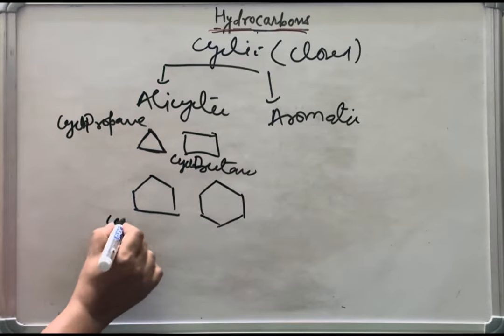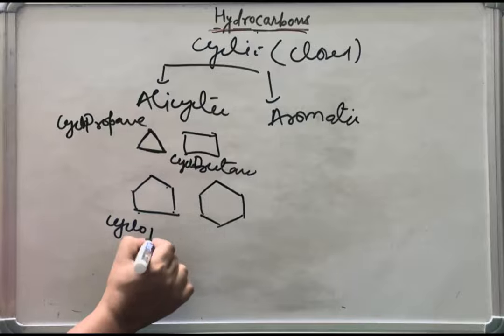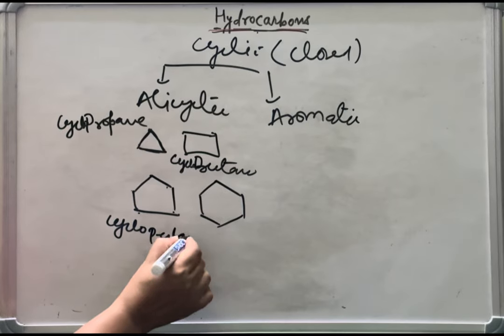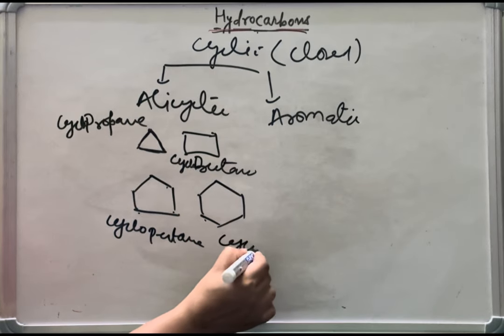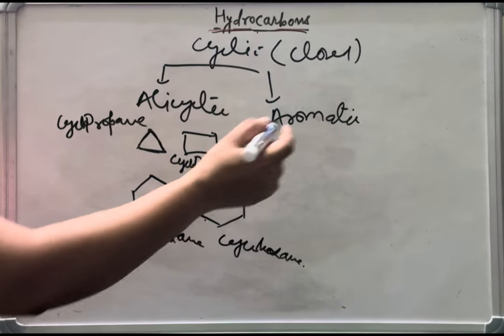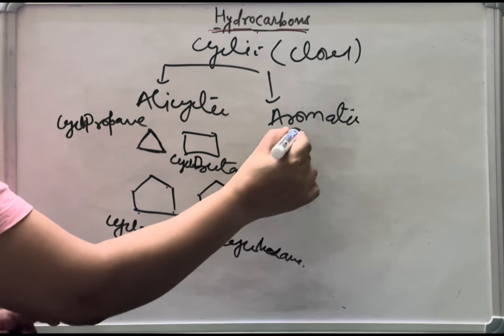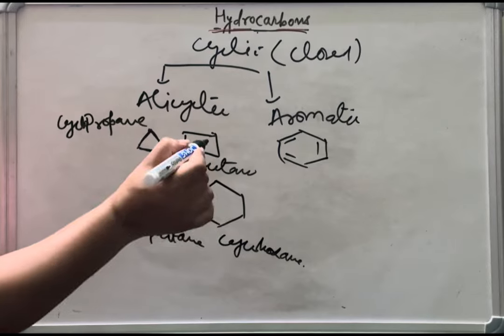Then cyclo 1 2 3 4 5, cyclopentane. Then it is 1 2 3 4 5 6, cyclohexane. Now aromatic hydrocarbons are also closed chain hydrocarbons but they contain a double bond in them.